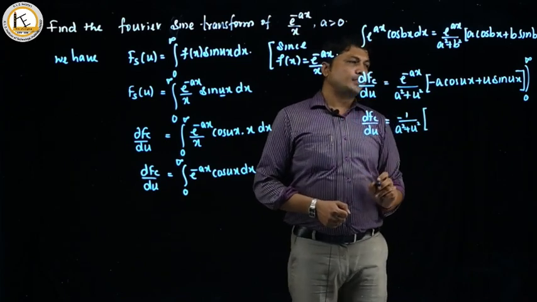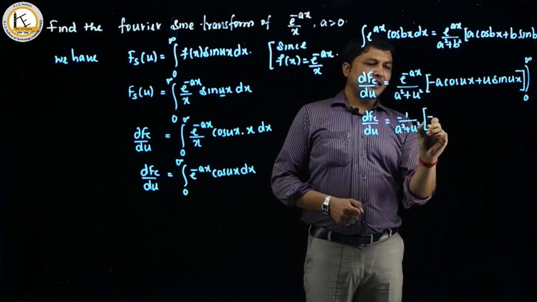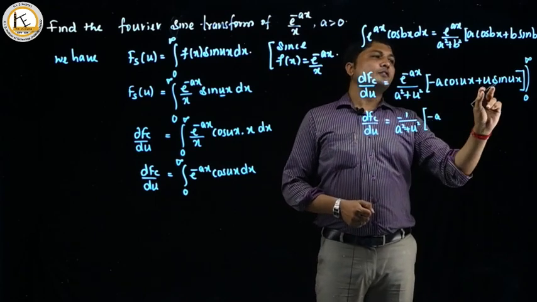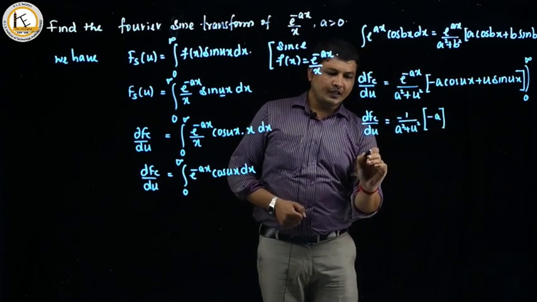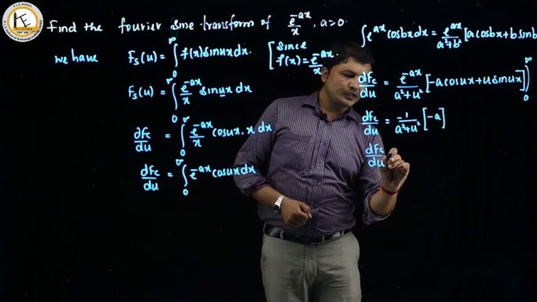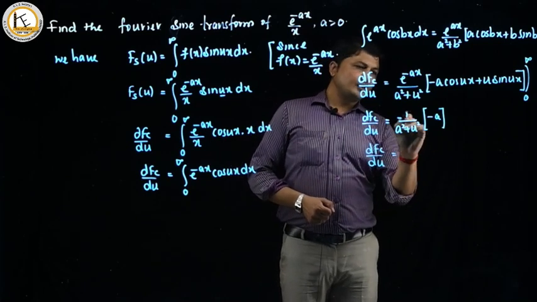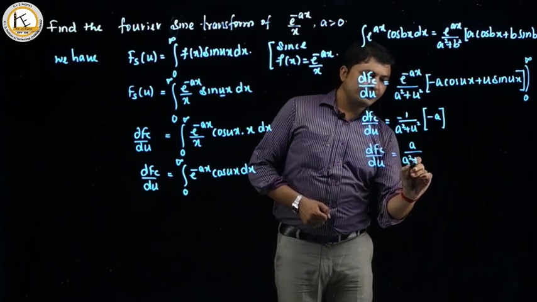Inside the bracket cos 0 is 1 and the remaining is minus a, and since sin 0 is always 0, finally we have dFs by du equal to, minus into minus becomes plus, a divided by a square plus u square.